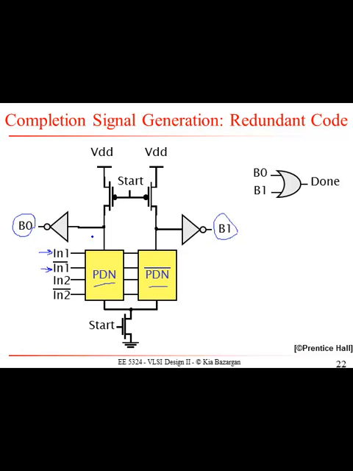So we figured out how to do the done signal, and your start signal could basically be the footer and the pre-charge signals, so that whenever a start is asserted, basically you start doing computation. Whenever it's not one, you're basically doing the pre-charging.